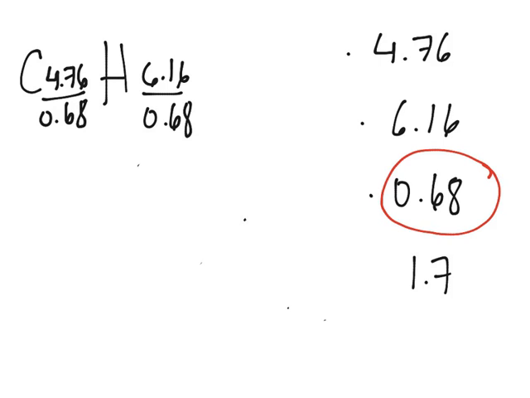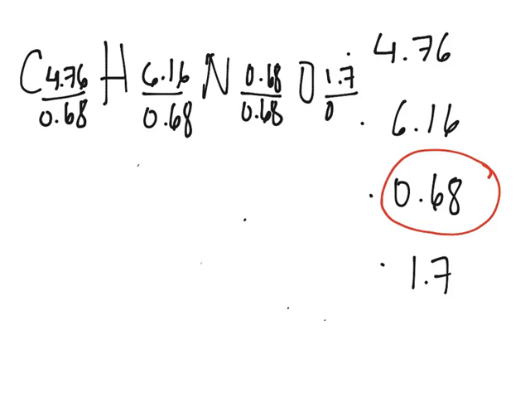This was the nitrogen, 0.68 over the same 0.68, and finally this was the oxygen, 1.7 over 0.68. So when we divide this, we get for the carbon about 7.